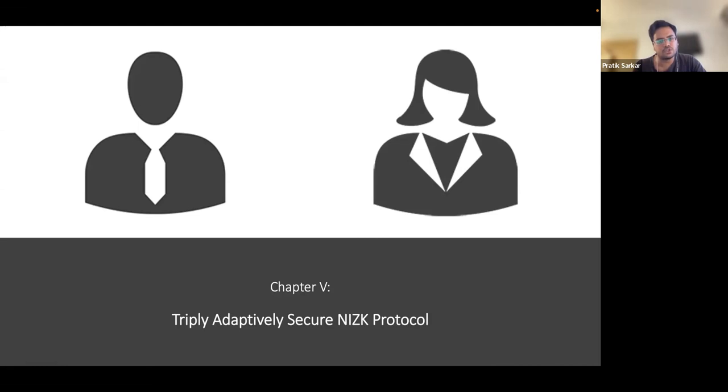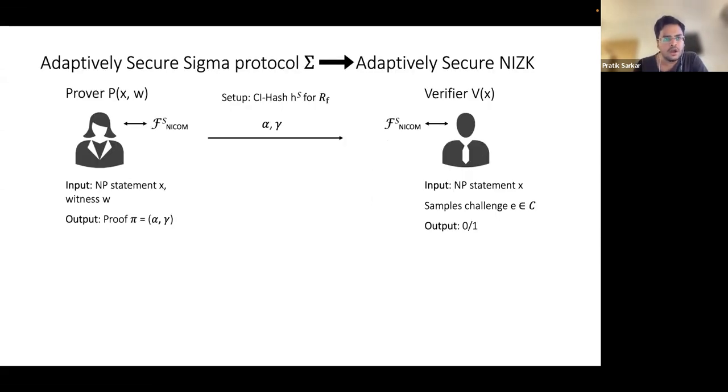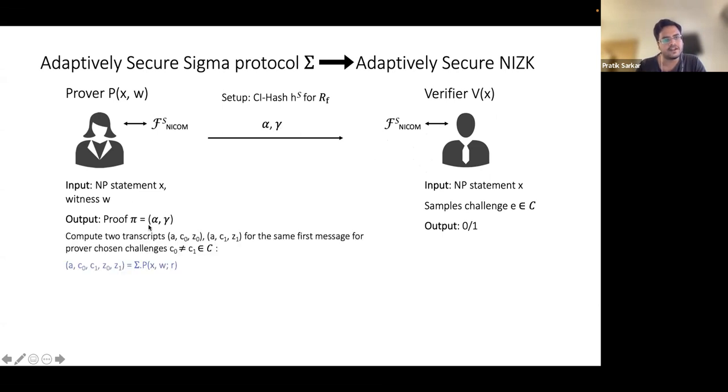Now we are going to show our triply adaptively secure NIZK protocol. So our NIZK protocol is as follows. We have the prover with X comma W, and it will compute the first message alpha and also the response gamma. So let's see how it computes this alpha.